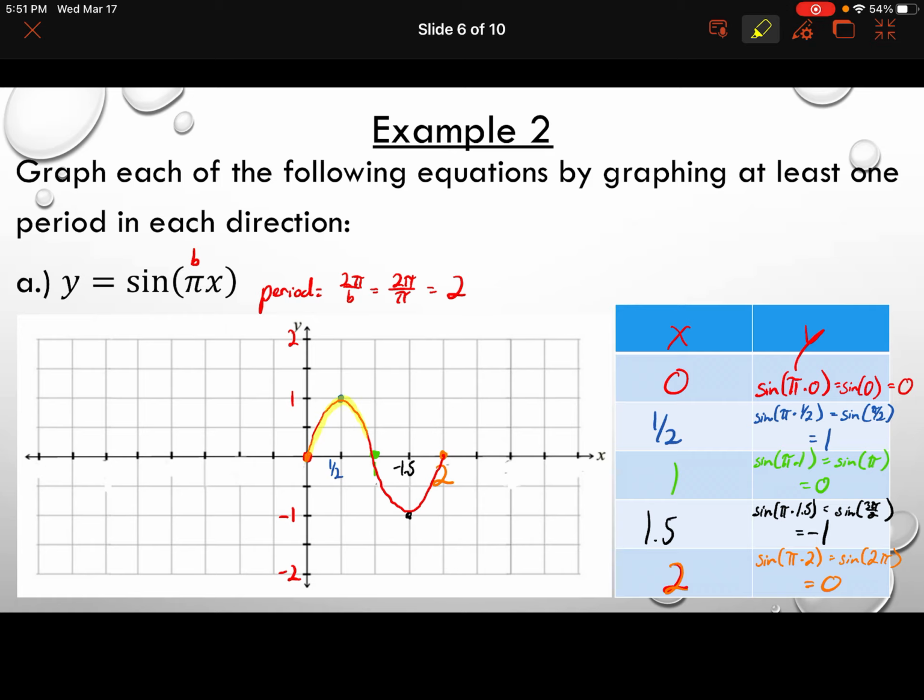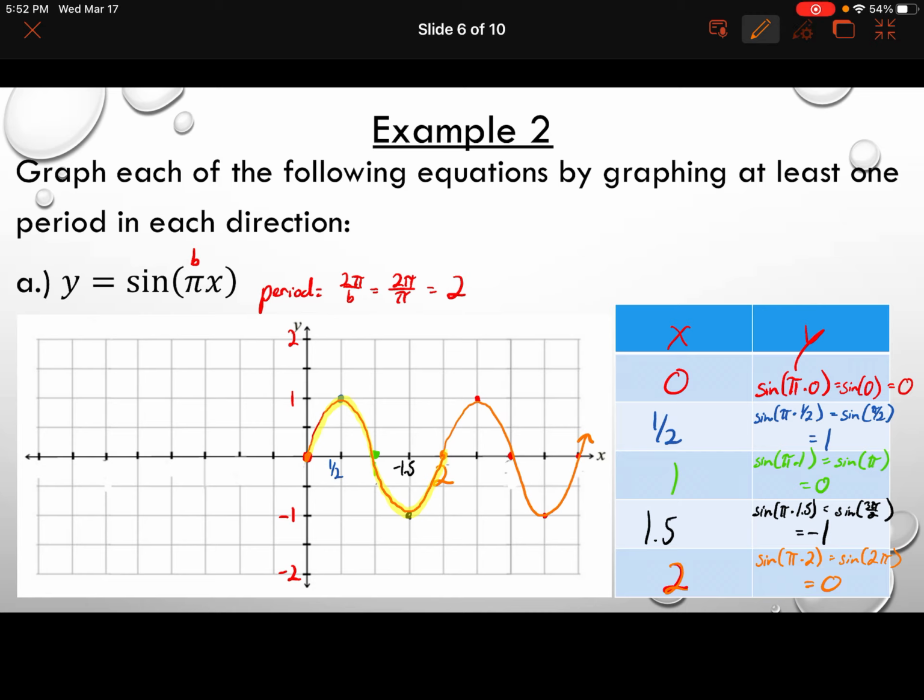So it went up, then down, then up again. So what does our graph need to do next? It needs to go up, then down, then up again.